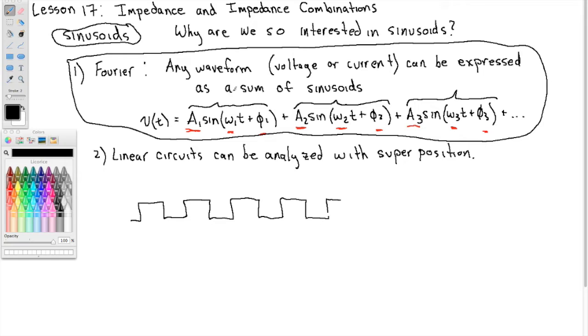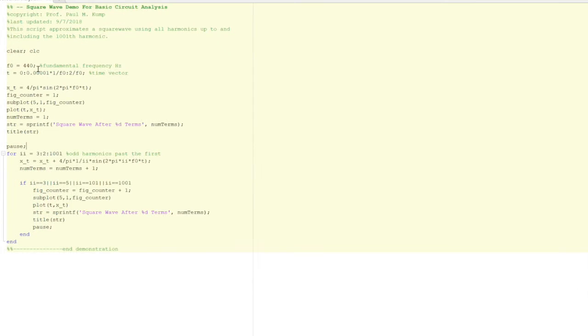I've written a computer program, and we're going to look at that, and that should demonstrate to you that, in fact, Fourier's theorem is correct. This code is going to demonstrate how we can construct a square wave of frequency 440 Hertz by summing many different sinusoids.